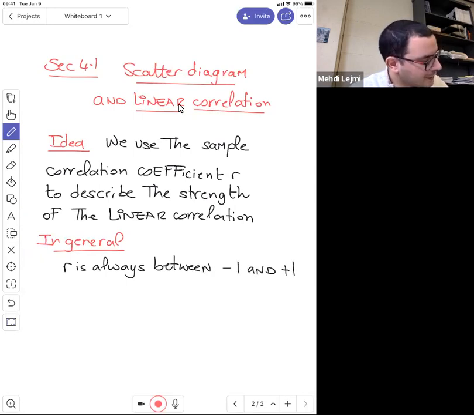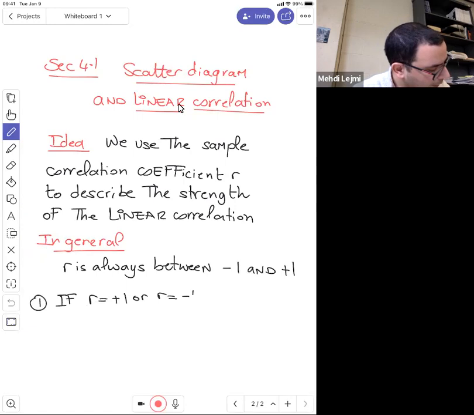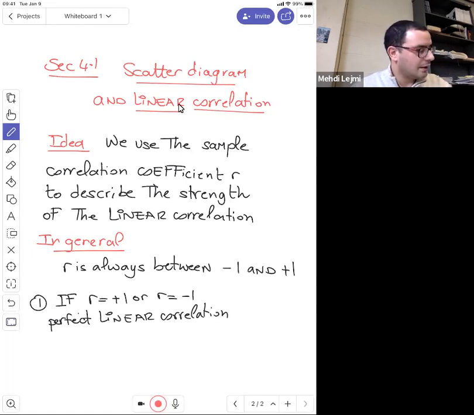And if R is +1 or R is -1, then we have a perfect linear correlation. So then all the points are going to lie on the same line.